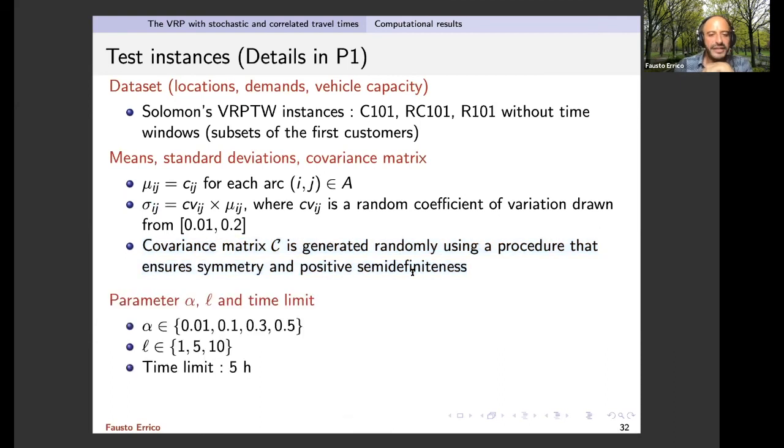For the parameters we tested, alpha is the relative weight in the objective function between the expected value and the variance, and we took 5 values from 0.01 to 0.5. For the number of components in the approximated model, we consider 1, 5, or 10, with a time limit of 5 hours.